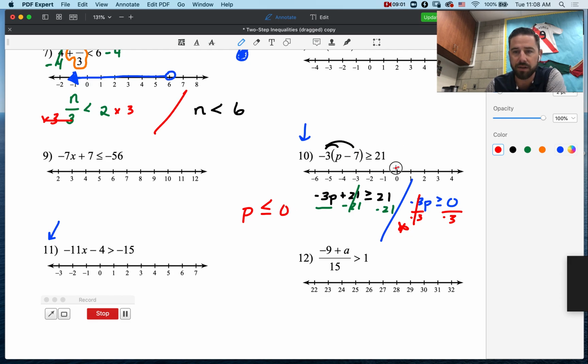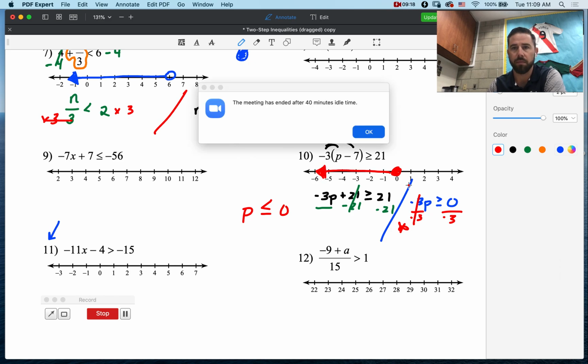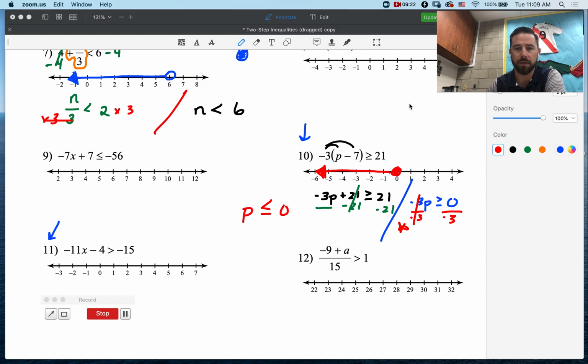So at the 0, there's an equal sign under, so we have a closed point, right? And then is that mouth eating the variable? No, it's not, which means we have less than, so we're going to the left. Boom. Okay, now that's our answer right there.